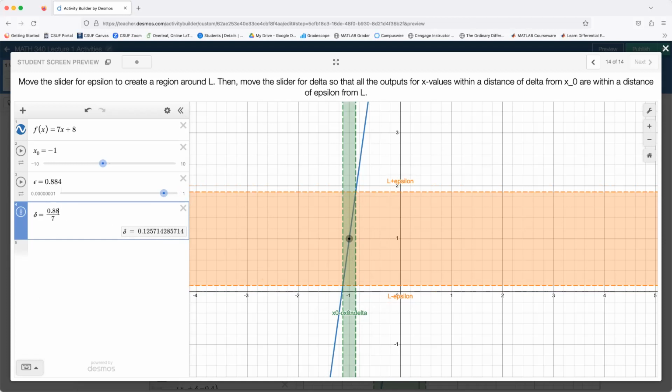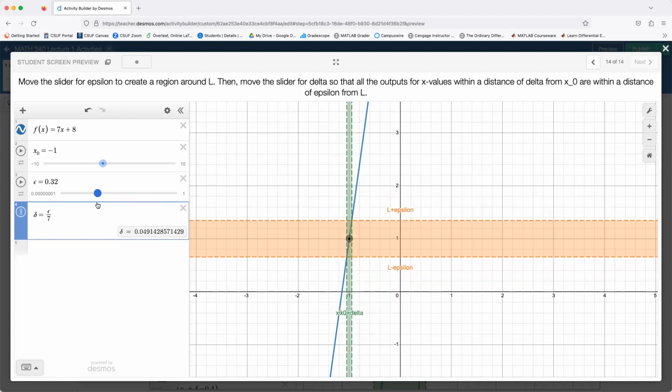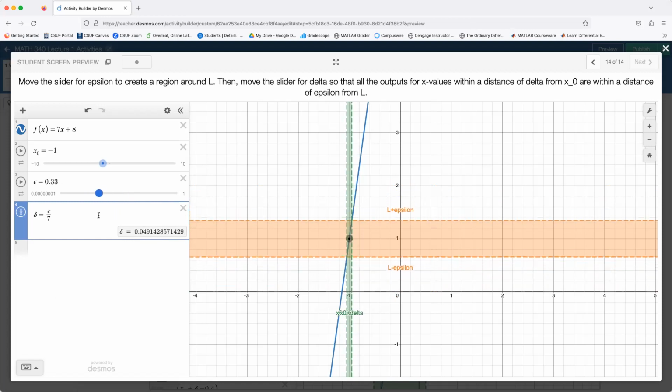Now, I can automate this and just make that epsilon over 7, which is what we did in our proof. So no matter what epsilon I pick, you'll see that the delta is also changing with epsilon, so that it's guaranteeing that my heights here stay within an epsilon distance of the limit height.